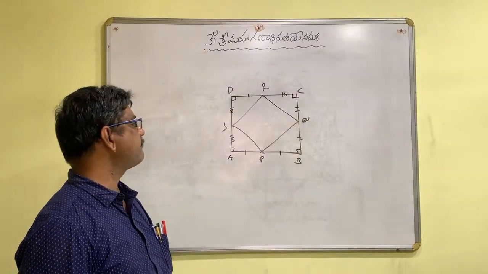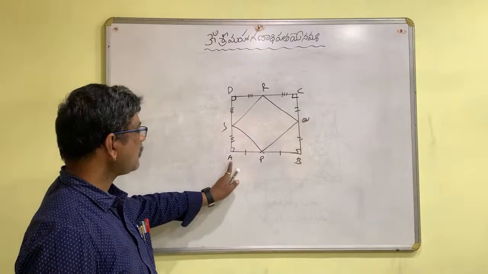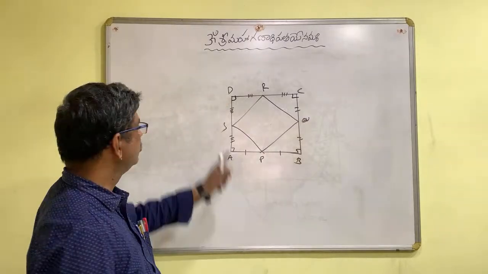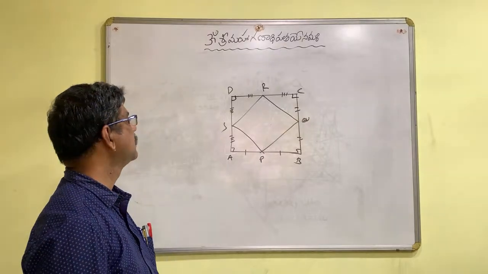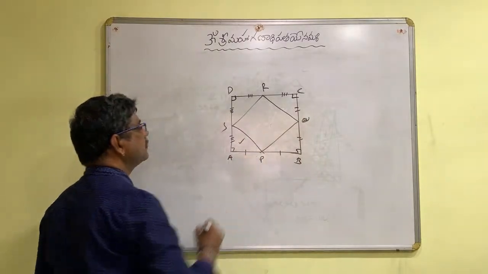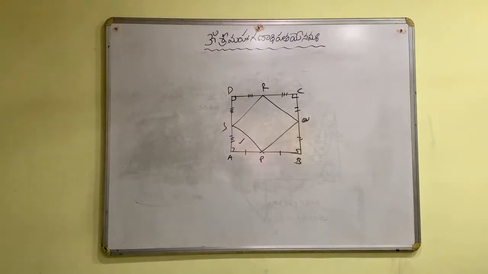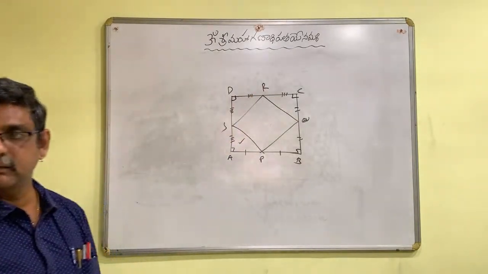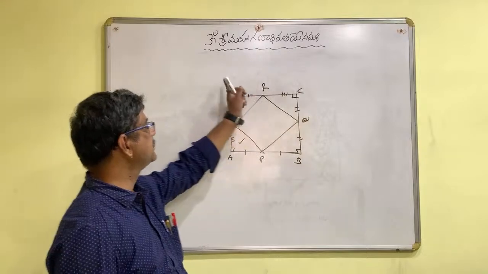P is the midpoint of AB, S is the midpoint of AD, and AB and AD are equal.